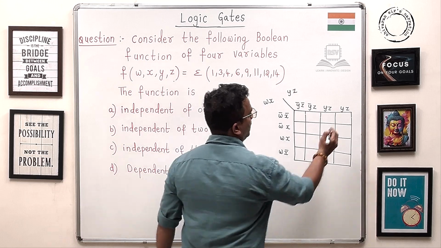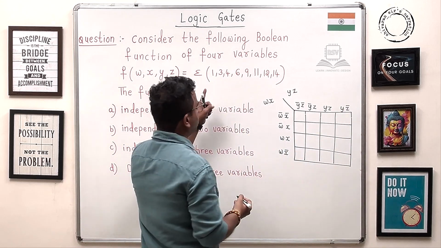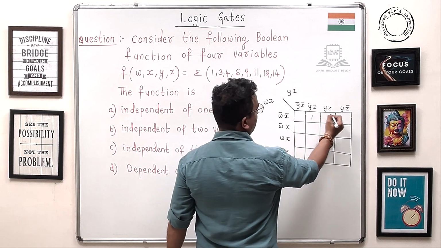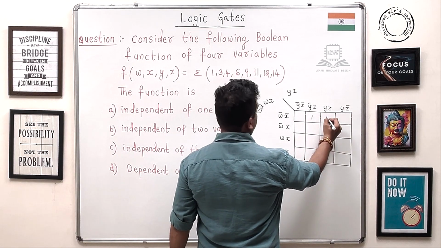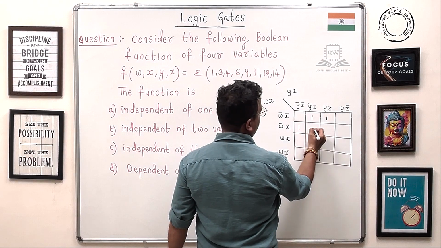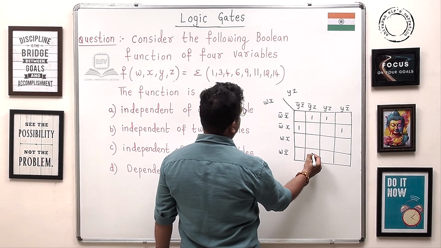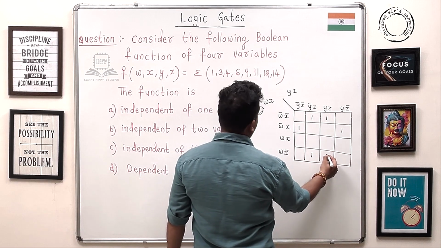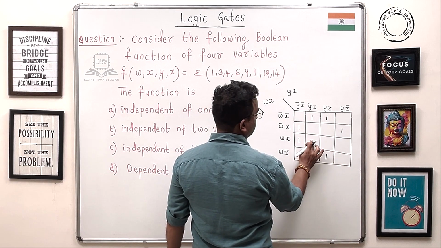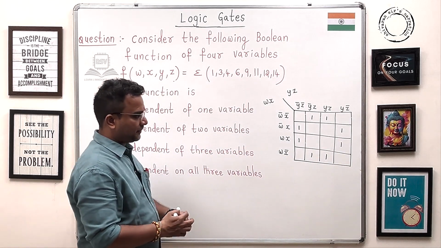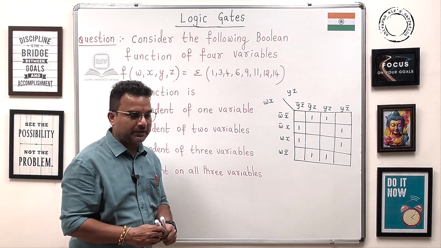Okay. Now guys, as per the numbers, this is 0, 1, 2, 3, 4, 5, 6, 7, 8, 9, 10, 11, 12, 13, 14.